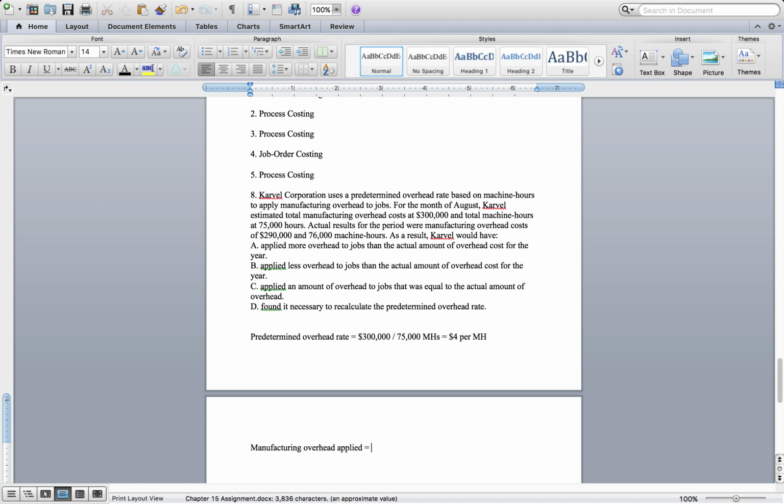That'll be 76,000 machine hours multiplied by the $4 per machine hour. So we do that, and that'll be $304,000. So see the difference there, $4,000. What happened was, it's going to be answer A. You applied more overhead to jobs than the actual amount of overhead.